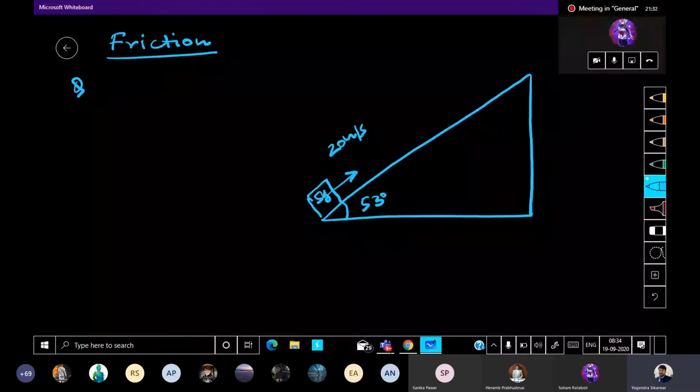Question. This is a 5 kg block and it has been projected upward, as you can see, with 20 meters per second.